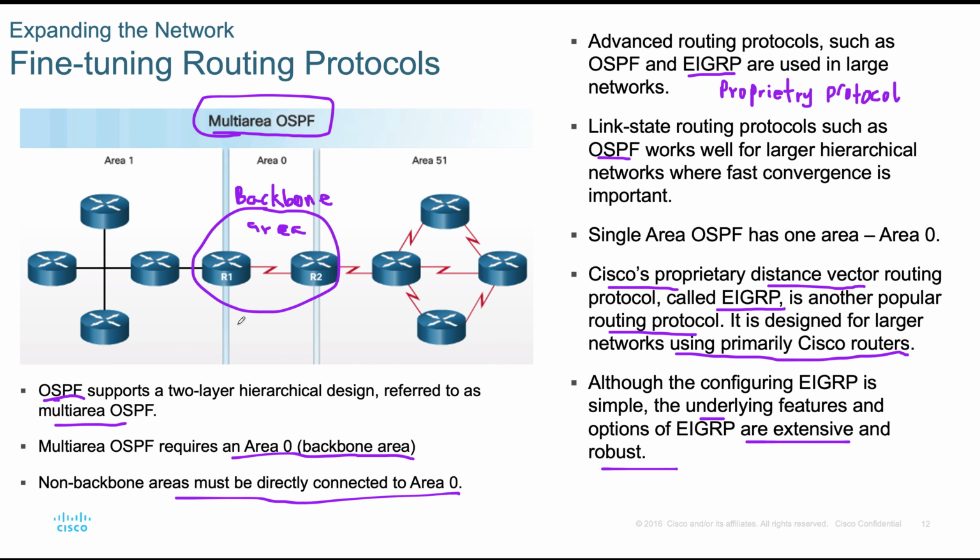network. Now, like we said, OSPF supports a layer 2 hierarchical design, which is called multi-area. The multi-area has a backbone area that supports a redundant area, made available when there is traffic.